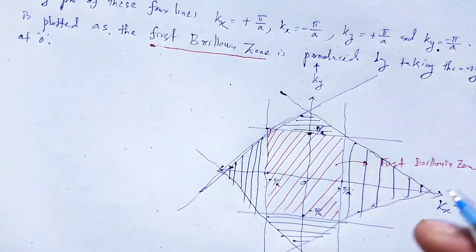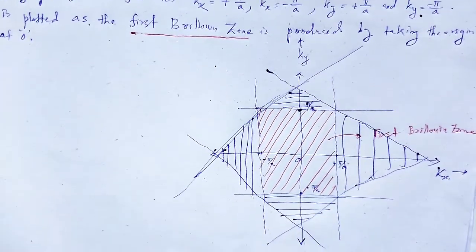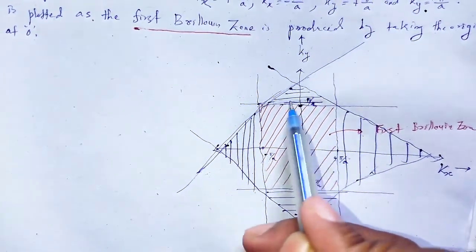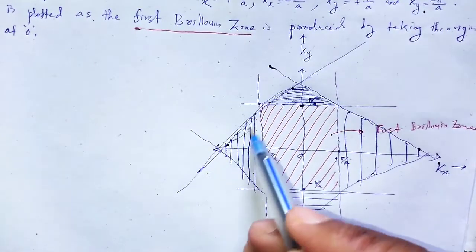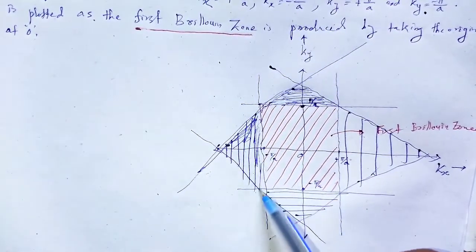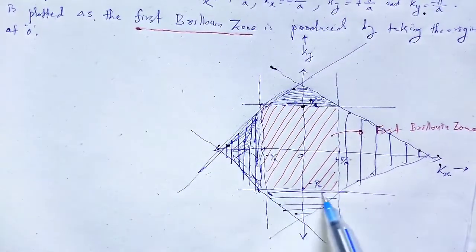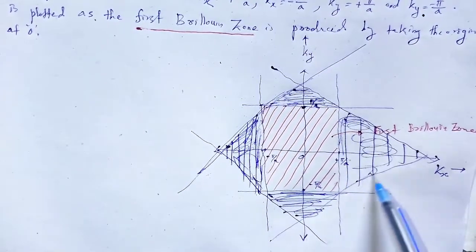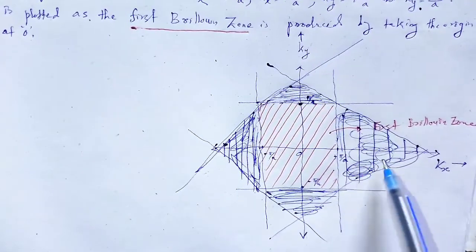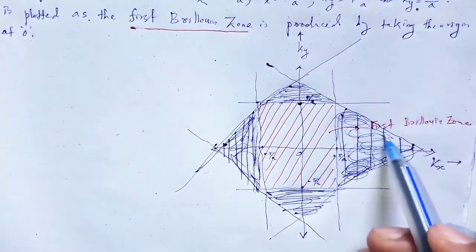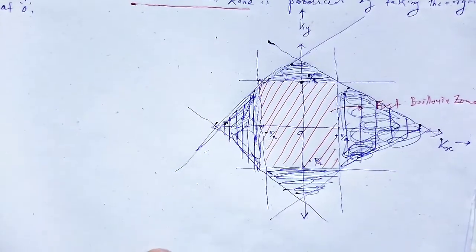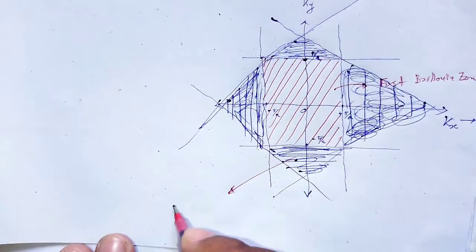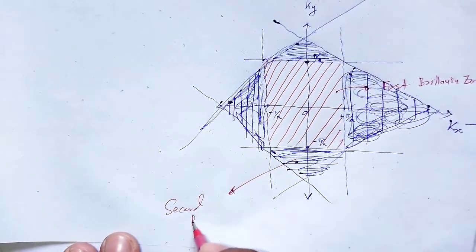When you draw with exact measurements, then you can easily obtain the lines. So these lines give the second Brillouin zone.